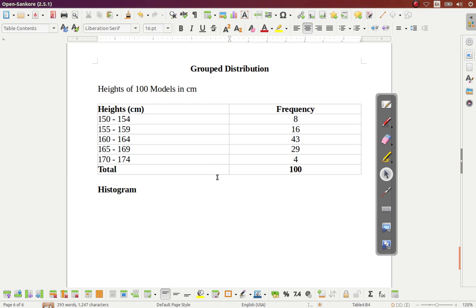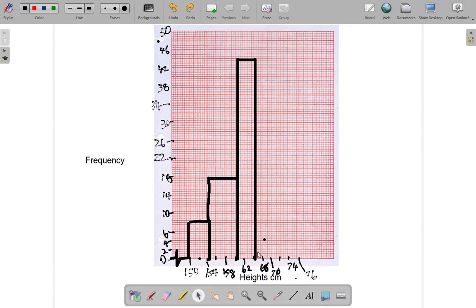Then you have 165 to 169. Remember, this here was 164. Let me just make a note of it. We don't have a space, but let me draw it.